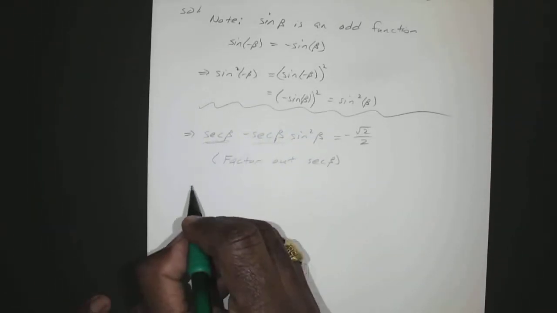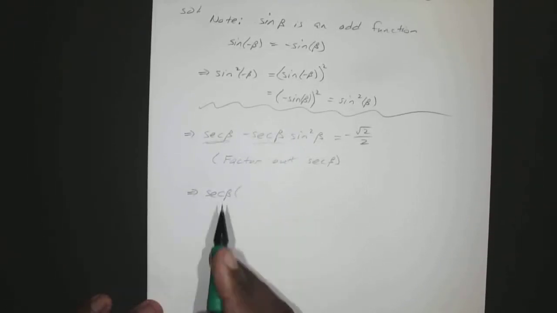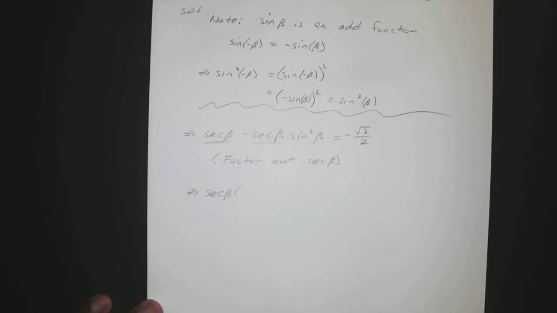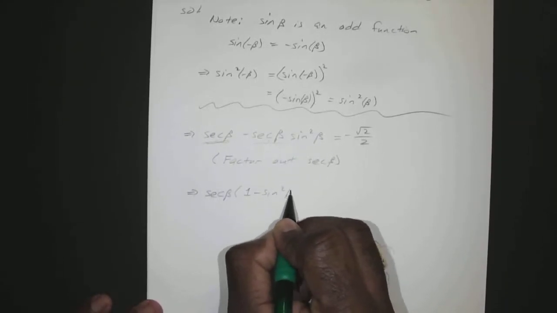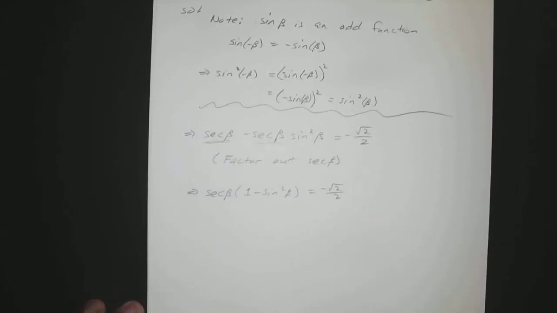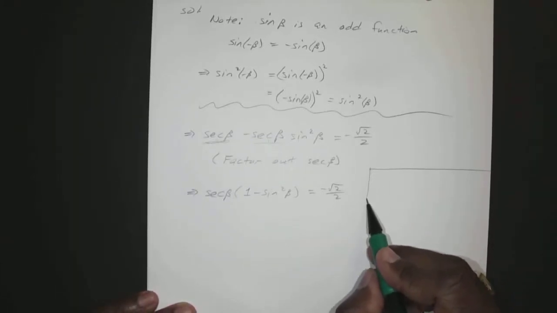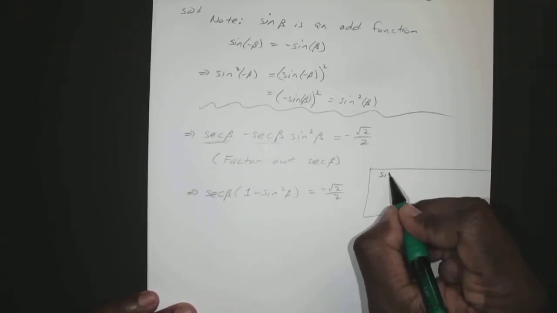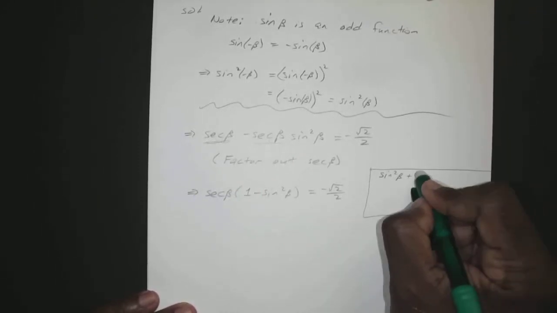Okay, so if we factor out a secant of beta, that becomes 1 minus sine squared of beta, equals negative square root of 2 over 2. Going back to our Pythagorean trig identities, we know that sine squared plus cosine squared is equal to 1.